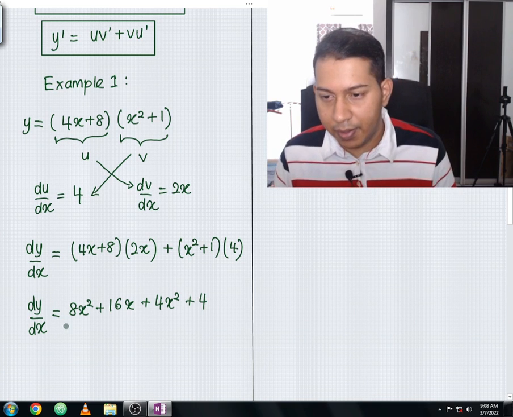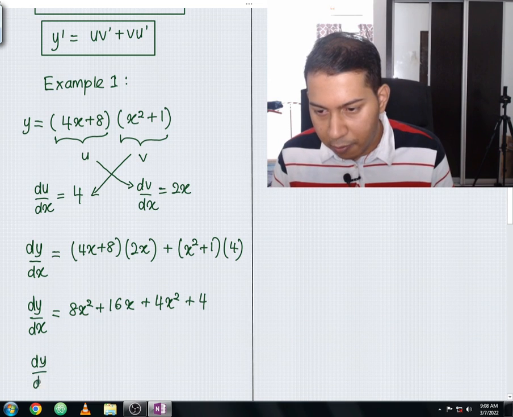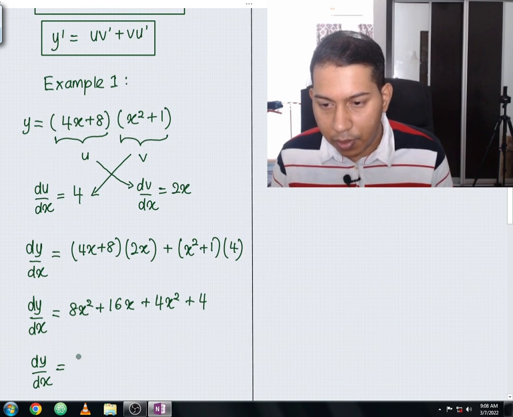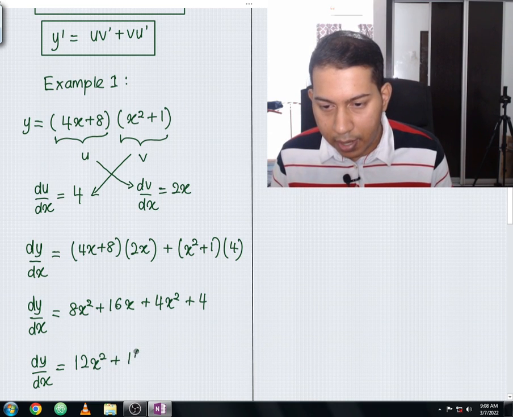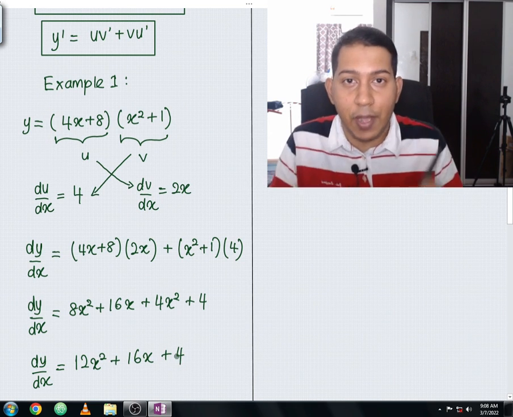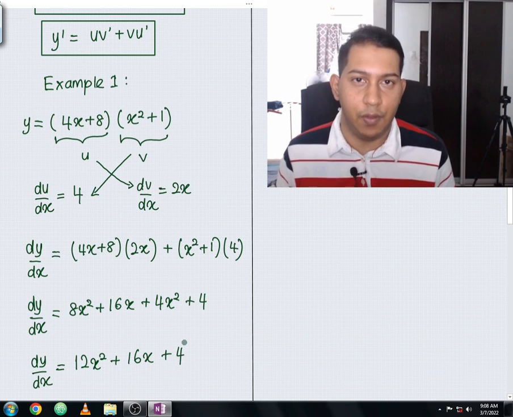We are almost near to the final answer. So your dy over dx is equals to 8x squared plus with 4x squared, so you get 12x squared, then plus with 16x, and plus with 4. This is your answer for example 1, where dy over dx is equals to 12x squared plus 16x plus 4.